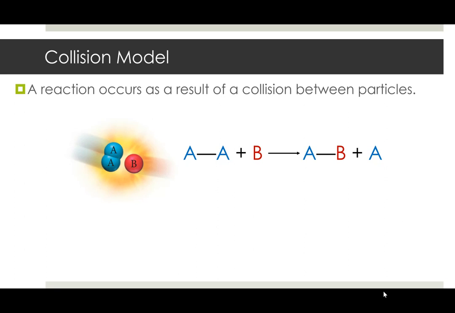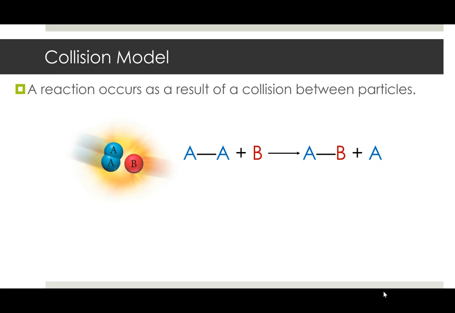The collision model says that a reaction will occur when particles collide, and they collide with the correct amount of energy. So they need to, A, collide, and then B, they need to have a certain amount of energy in order for that collision to take place.